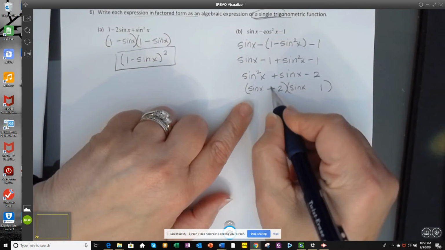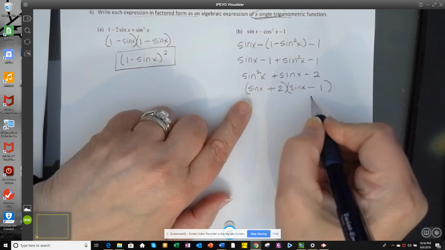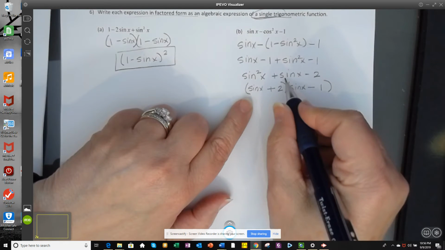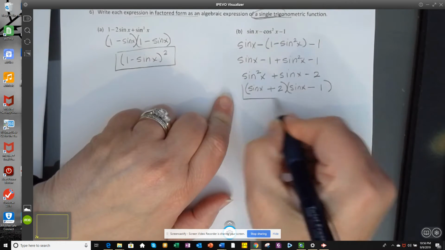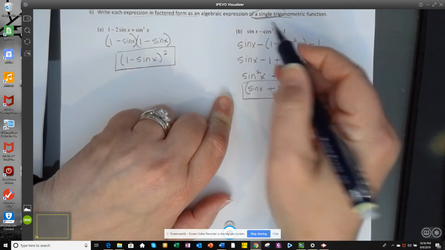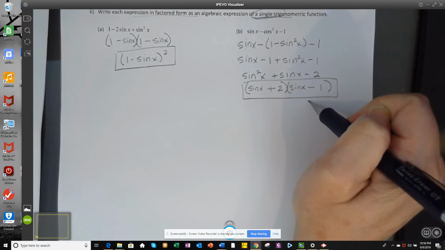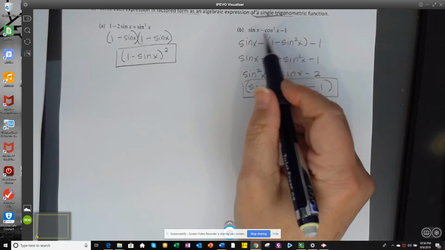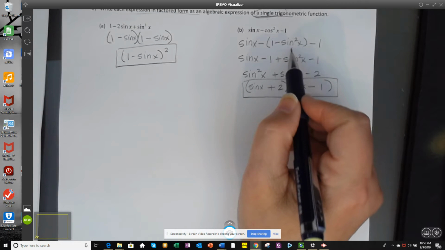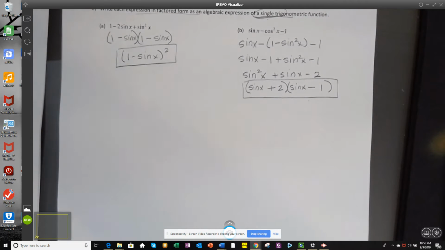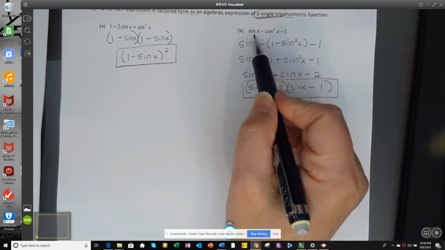So this will be a plus 2 sine x and a minus 1 sine x gives me a positive sine x, and 2 times negative 1 is negative 2. So there you go. There's factored form in a single trigonometric function. So if you have different trig functions, you have to replace the squared term with an equivalent that has the same trig function as the unsquared term.